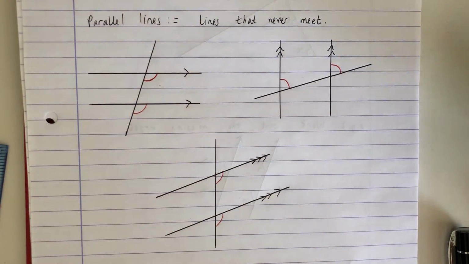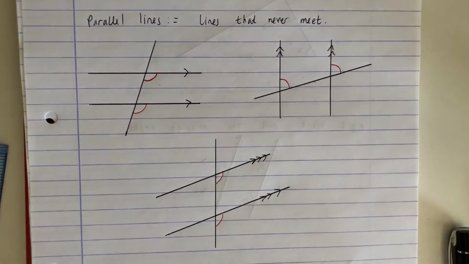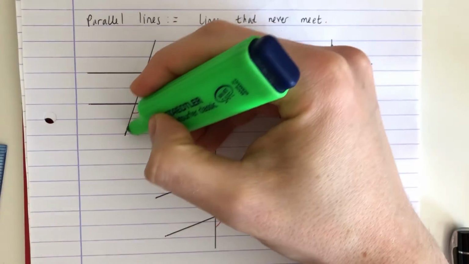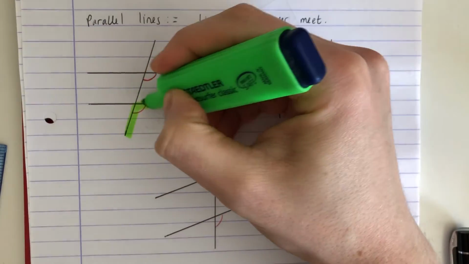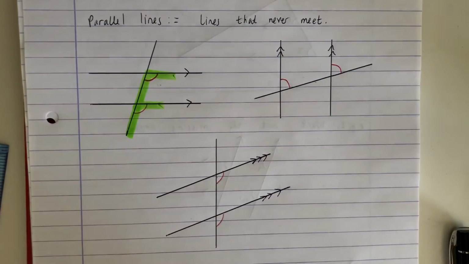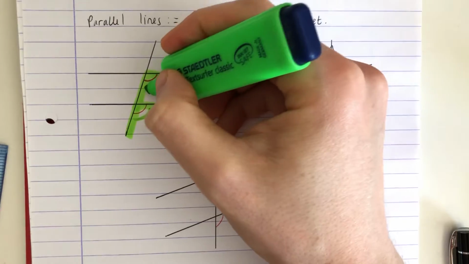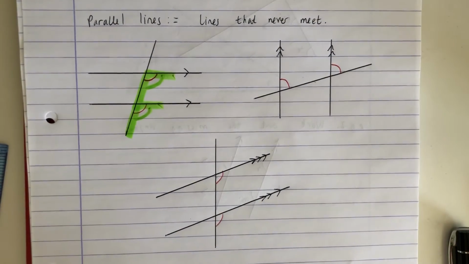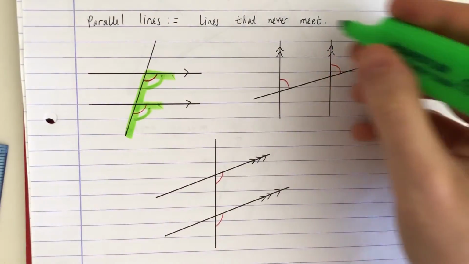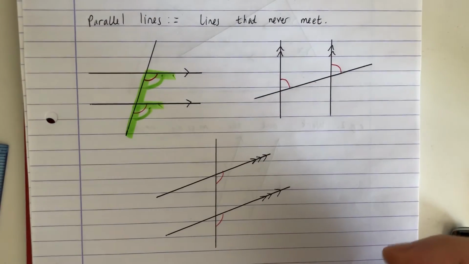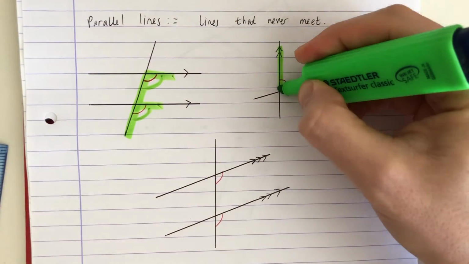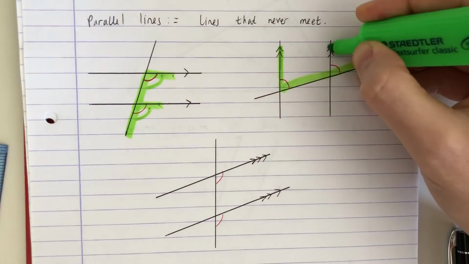And I haven't picked those pairs of angles at random. I've picked them so they create an F shape. That is an F shape. This one, slightly rotated F. It's an F on its side, like so.